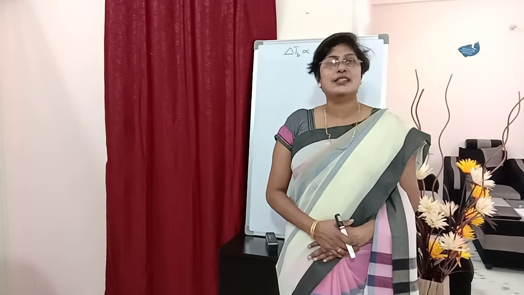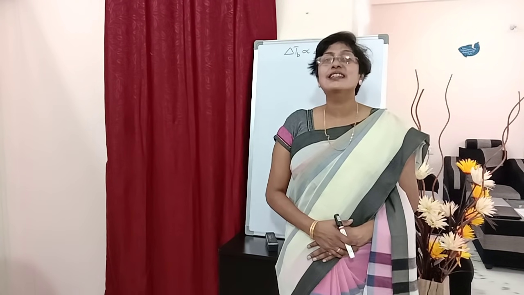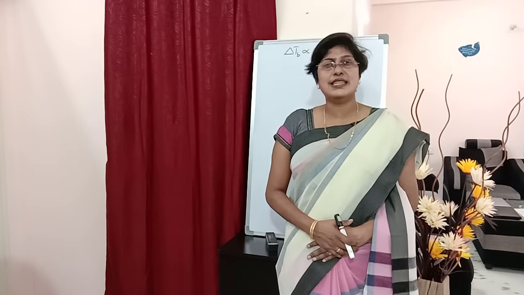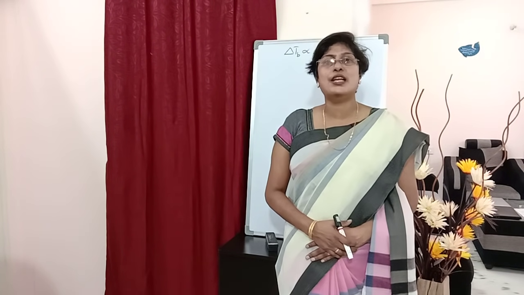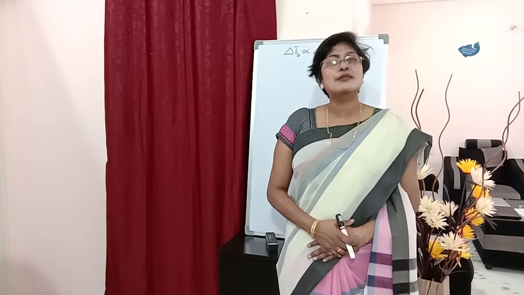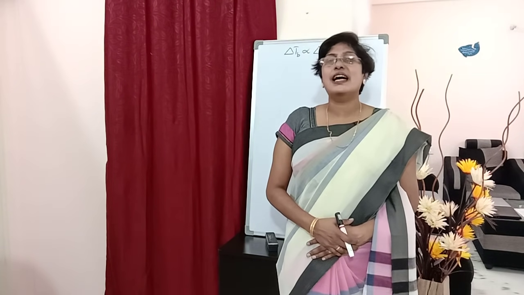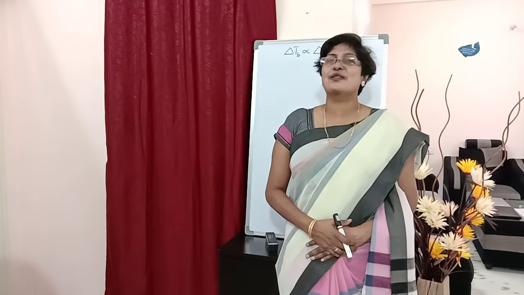Expression for delta TB, students: delta TB is equal to, what did we write? Ts minus T naught. Where delta TB is elevation in boiling point, Ts is boiling point of the solution and T naught is boiling point of the pure solvent.